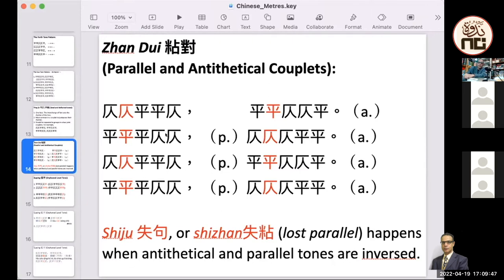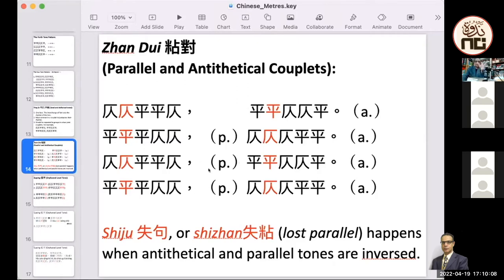The relationship between the first and the second line is always antithetical. Okay. So this is antithetical. This is parallel. This is antithetical, and then this is parallel, and so on and so forth. Okay. I hope it's clear.